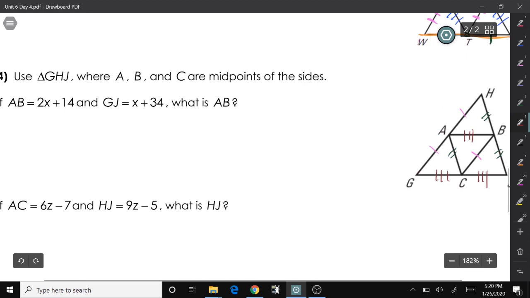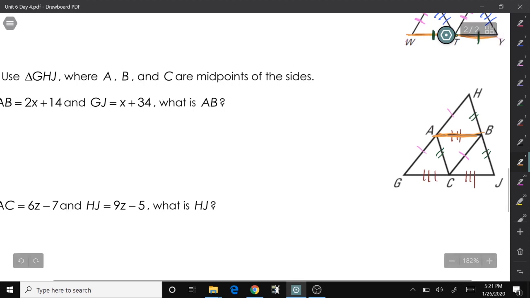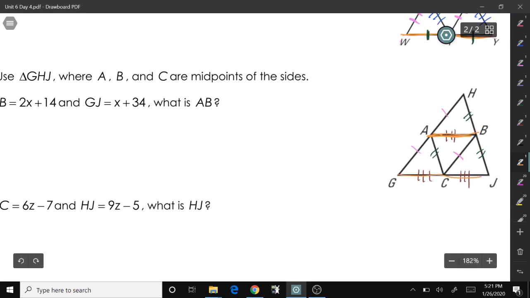It says AB is equal to 2x plus 14. So this side AB is 2x plus 14, and GJ is x plus 32. This whole side is x plus 32. Well, we got to figure out how are these two related. Well, AB is half of this length of GJ.